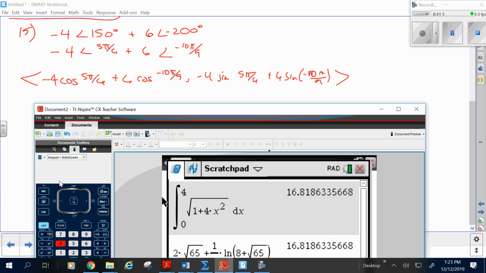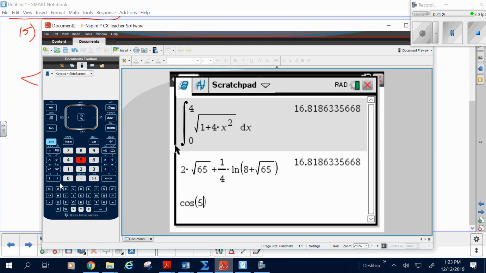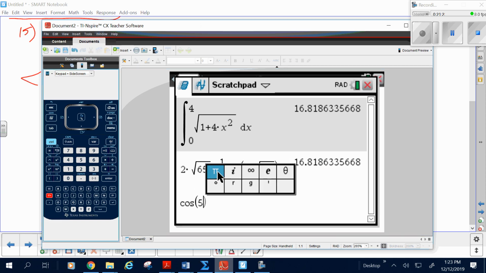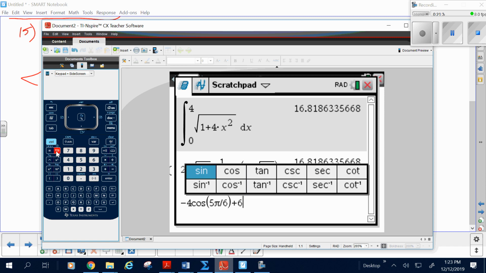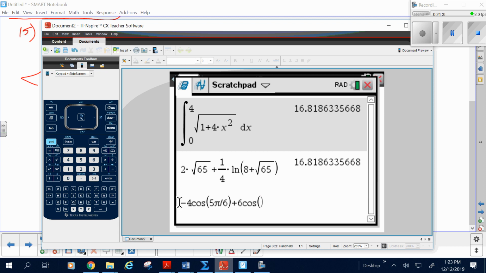Negative 4 cosine 5 pi over 6, pi divided by 6. Where's my negative 4? Plus 6 cosine of negative 10 pi over 9.